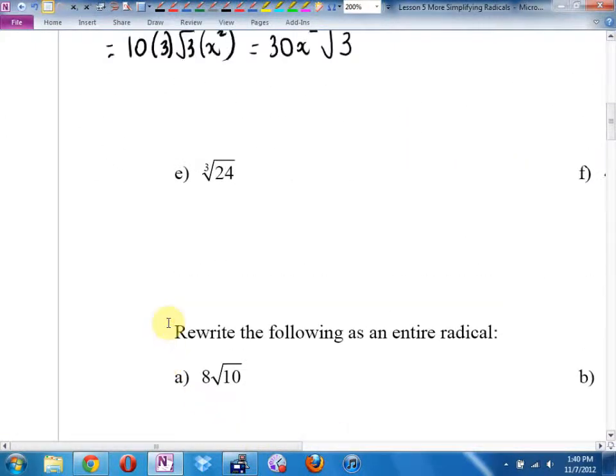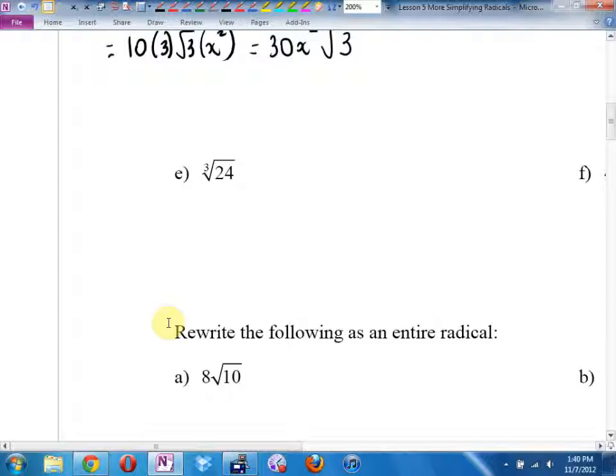E. What kind of a root is E? Cube root. Okay. For square roots, I wanted to rewrite it as a perfect square times something. For cube roots, what do you think I want to rewrite it as? Perfect cube times something. Now, what are the perfect cubes?